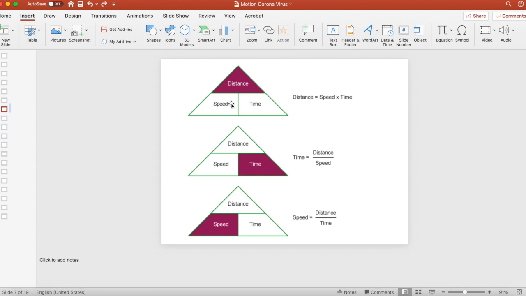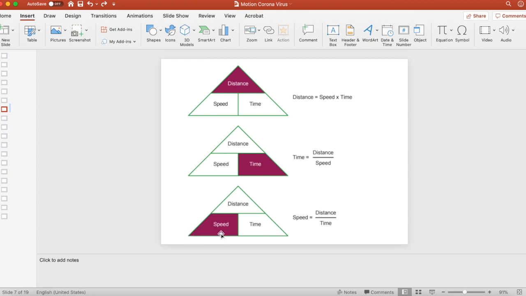So what you would do is you would draw out this triangle and put an S here, D, and T. So what this triangle is saying is when you are trying to solve for distance right here, you're going to take speed times time. Right here, distance equals speed times time. But if you're looking for time, you're going to take the distance divided by the speed. See, same thing here.